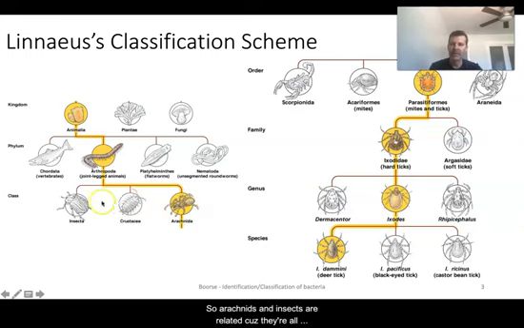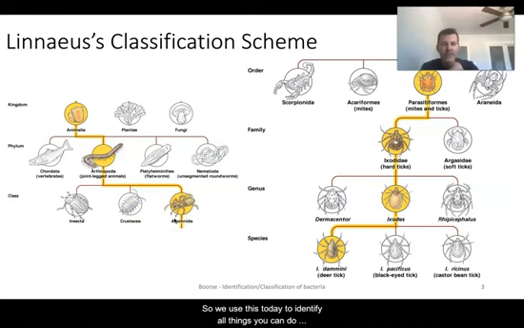So arachnids and insects are related because they're all arthropods. Starting from the top, kingdom, ticks are animals. When you take animals, they're not chordates, they're not flatworms, they're not segmented or unsegmented worms. They're arthropods. And then you keep breaking these down into smaller and smaller groups.